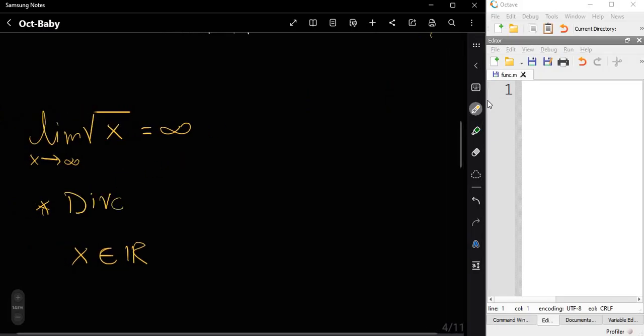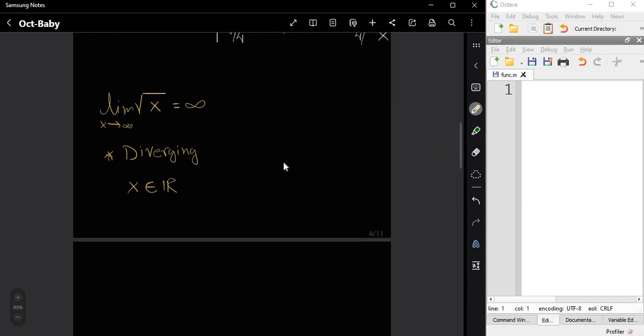So the function is diverging because it's assuming this infinite value. It never assumes a real value as x approaches infinity.